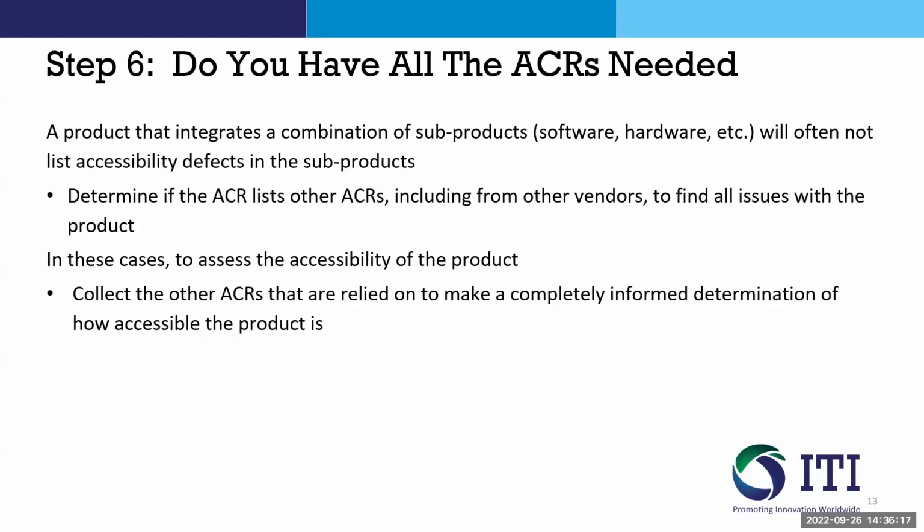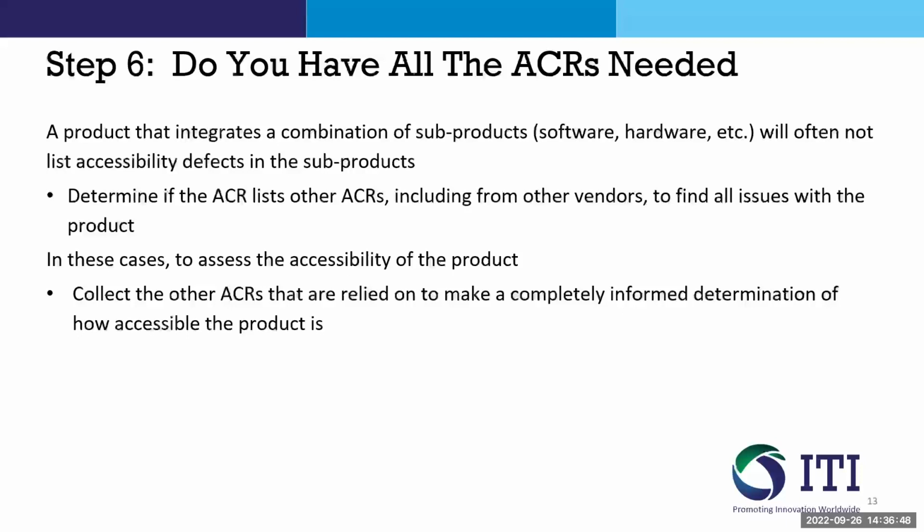So if you have a product that has a lot of integrated parts, which a lot of things do, there's the possibility that a product could integrate a combination of subproducts. Your product could be a hardware product that has software. Again, it could have a manual, could have information on the web that integrates, and definitely could have a mobile application or two that work together.